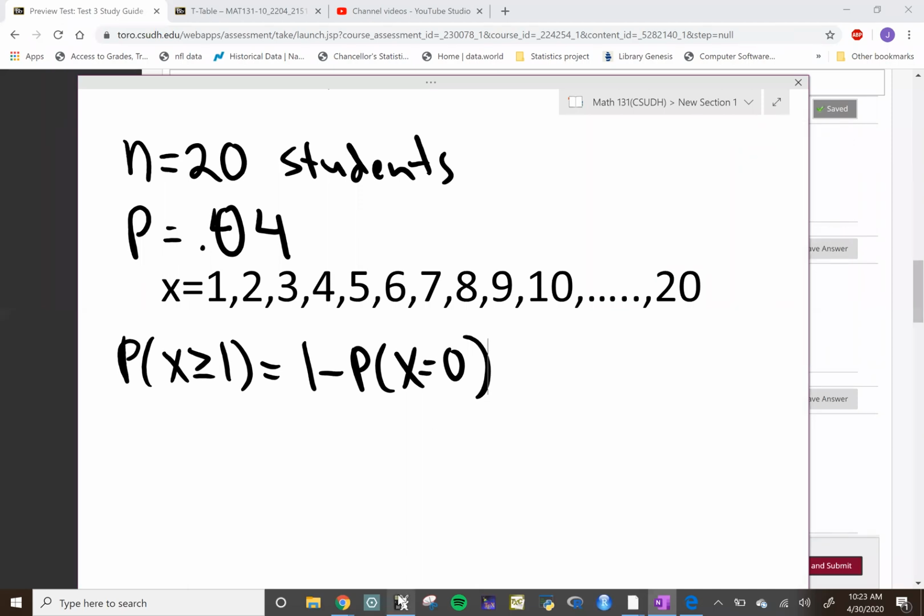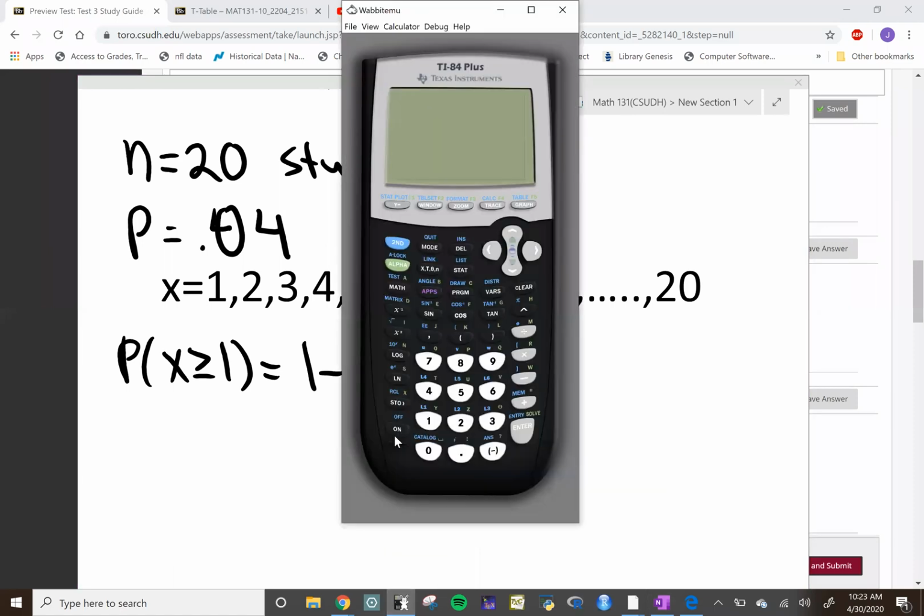All right, so I'm going to get the TI-83. I'll do 1 minus, then second bars, and we're going to do binomial. For this one, we use binomial PDF because we want to find when X is exactly equal to 0. So we'll say trial is 20, P is 0.04, X is equal to 0.